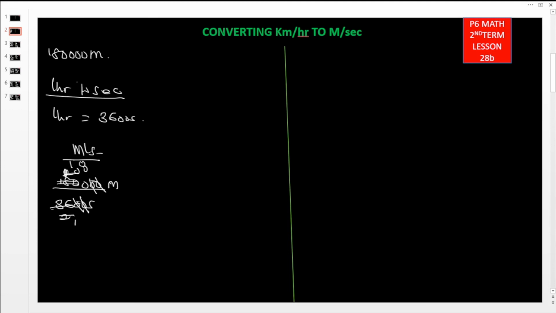By 18 it is 100. Sorry. So by 2 here is going to be 50. So it is 50 meters per second.